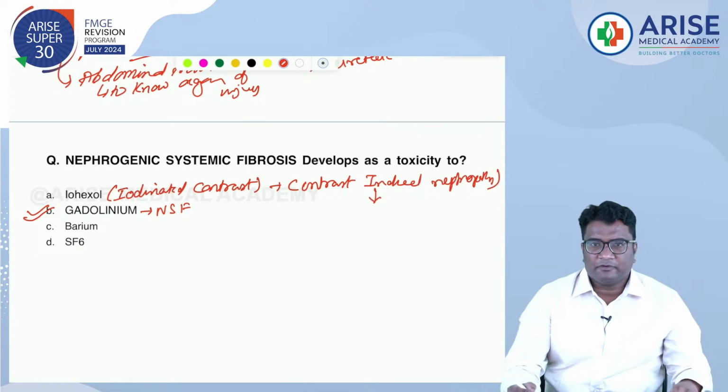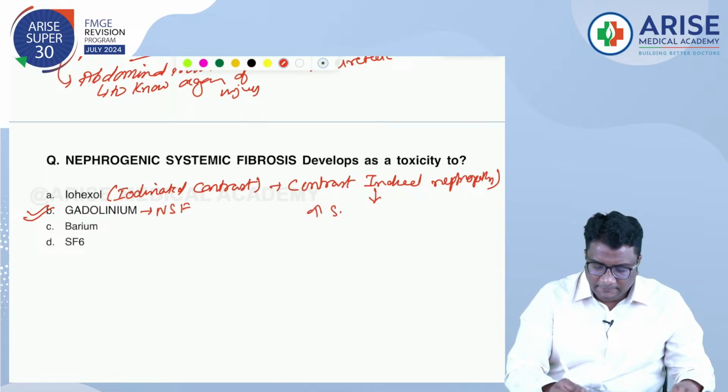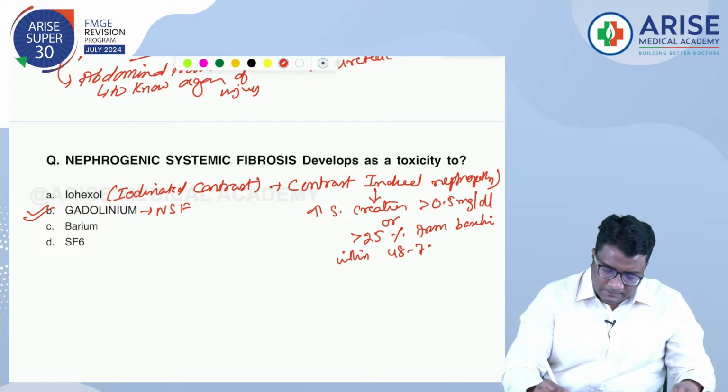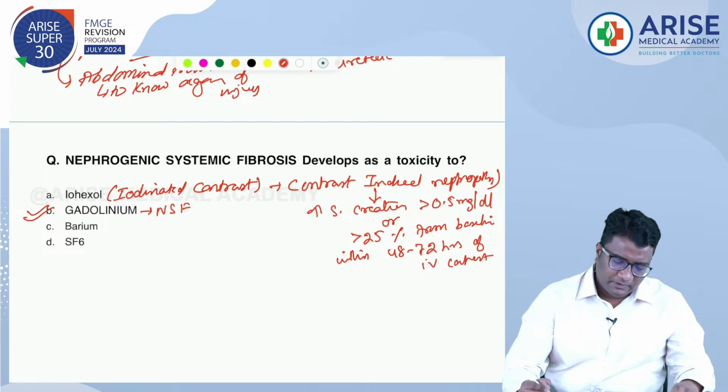And contrast-induced nephropathy is increase in serum creatinine by more than 0.5 milligram per deciliter or more than 25% from baseline within 48 to 72 hours of IV contrast, right?